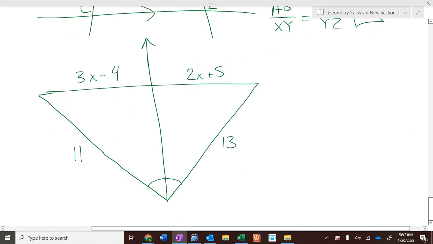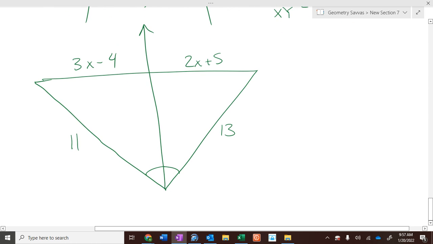Okay. This one is going to come out to be a crazy, wacky decimal, but here we go. How do I set up a proportion for something like this? So 3x minus 4 over, some people say 11, some people say 2x plus 5. Doesn't matter, as long as you do the same thing on each side.